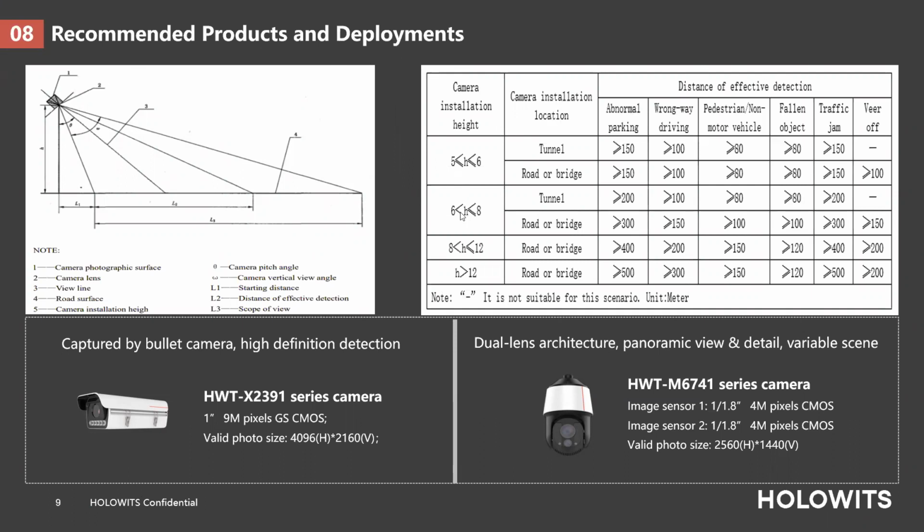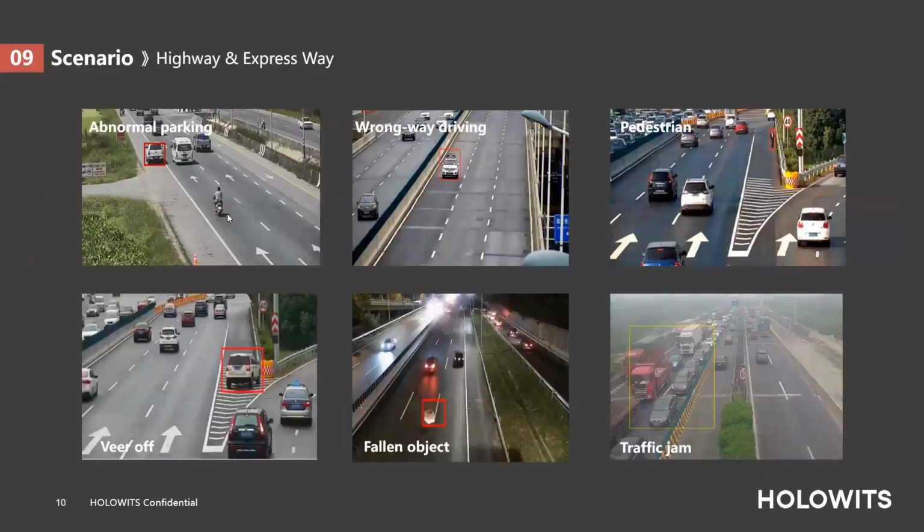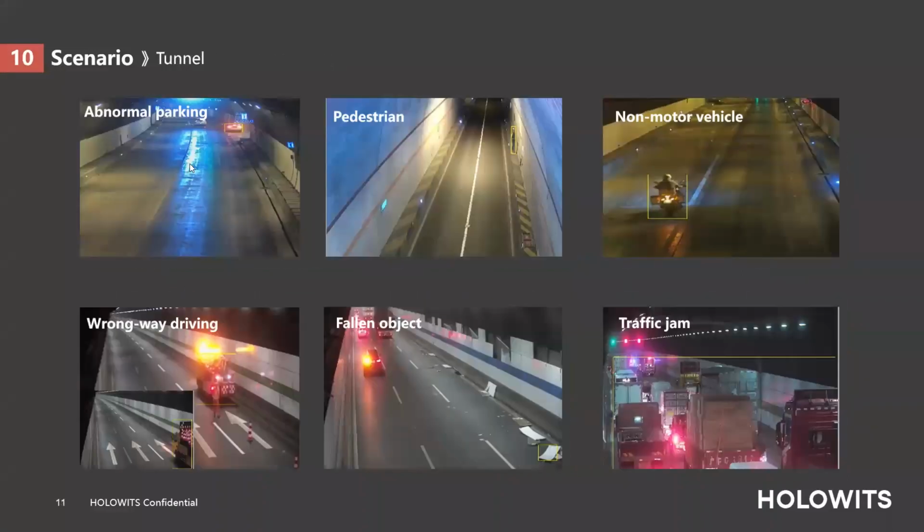So let's go to the next part. This is the scenario of highways or expressways. You can see abnormal parking, where the vehicle is parked not on the road. This is wrong way driving. This is a pedestrian on the highway, and this is a fallen object. And you can also see the traffic jam here. We will also have some videos later.